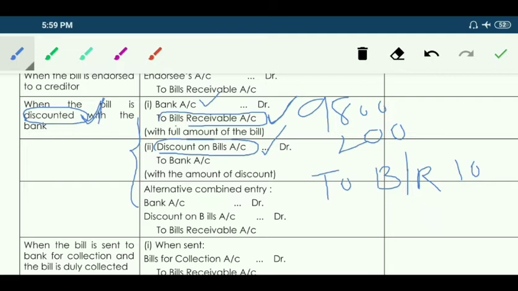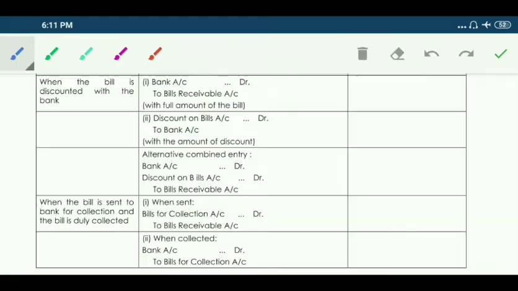So bank account, we received, that's why 9,800 rupees. Discount on bills account, this is an expenditure, a loss to the business, that's why debited. Next, to bills receivable account, because the asset is reduced in the books of accounts, that's why bills receivable account is credited. So this is the entry.